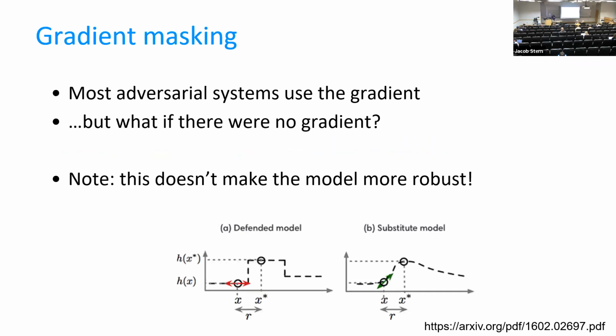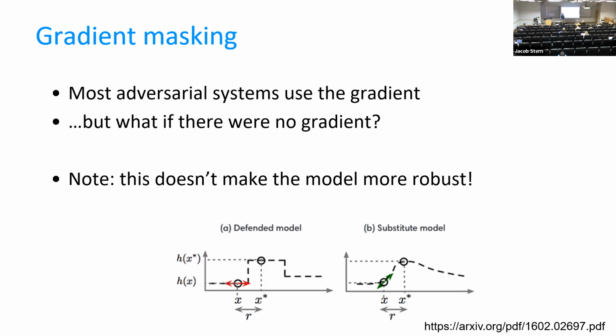So yeah, we mentioned those 4 different techniques. So gradient masking. Basically, the idea is you want to take a model, and rather than supplying the adversary with a nice gradient that tells it exactly how to fool your network, you have a discrete model with no gradient signal between your instances x and x star.